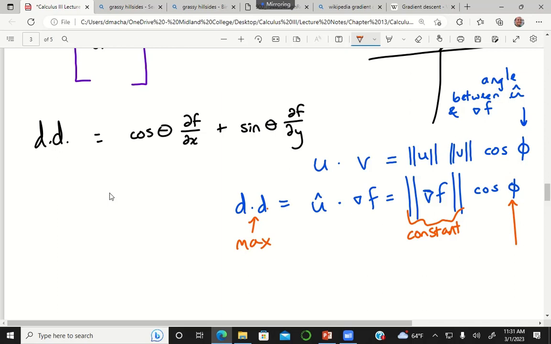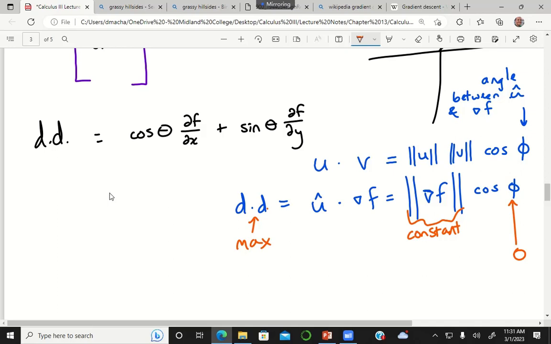But the maximum value of the cosine function is 1. It achieves that maximum whenever this phi is 0. Right? So cosine of 0 is 1. And so that means I get the maximum value of the directional derivative when the angle between my direction and my gradient vector is 0.